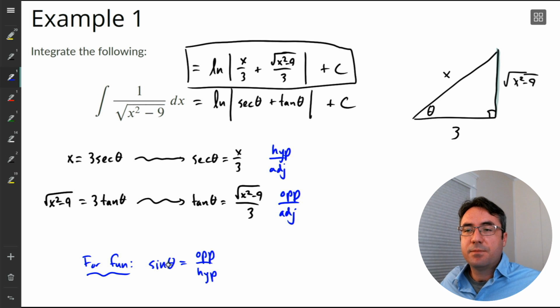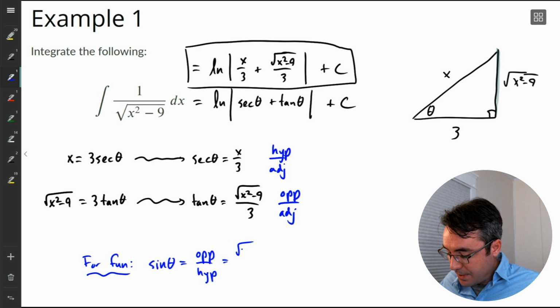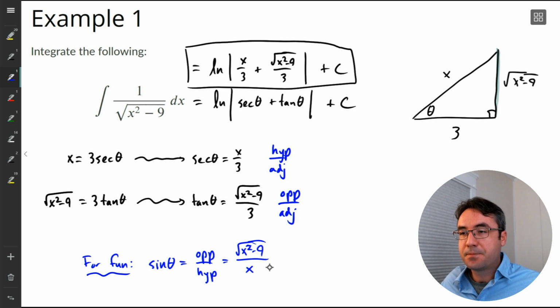So if for some reason we went through this integration and we had a sine theta, well, sine theta is opposite over hypotenuse. We know the opposite side is the square root of x squared minus 9, and we know the hypotenuse is x. So if we had a sine term in our antiderivative, this is what we would plug in to convert that over.